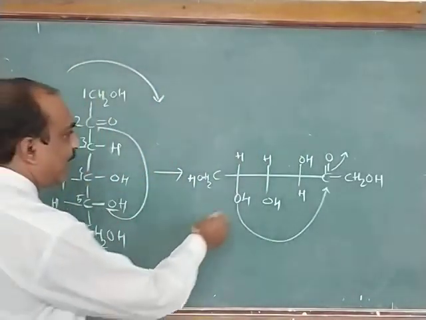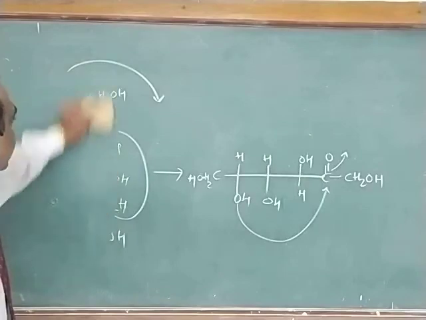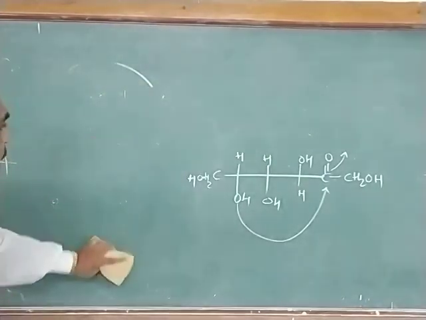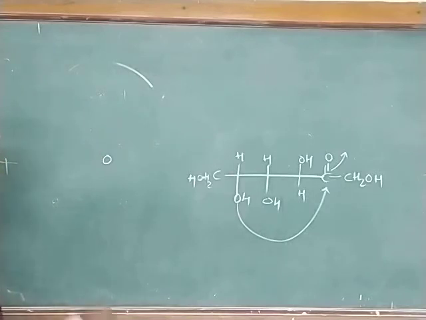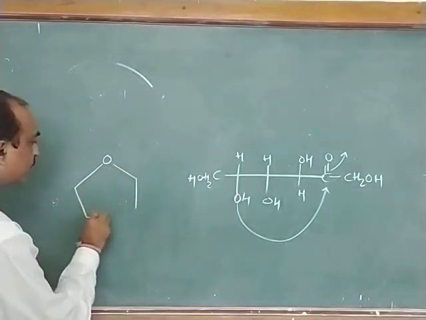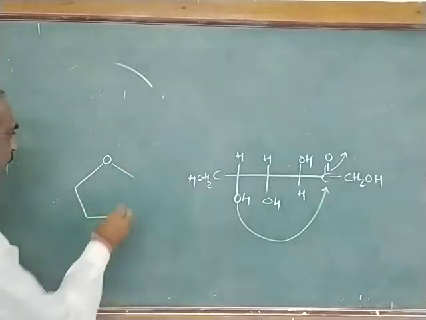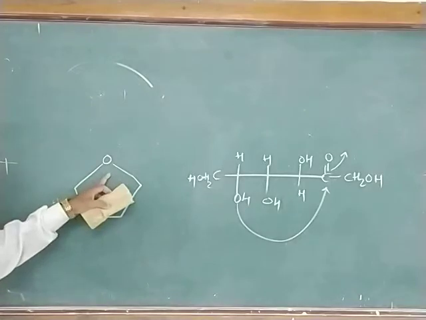So, if this attacks this one to cyclize, what will happen? Let's see here. First, while writing the furan structure, the oxygen should always be at the top position.